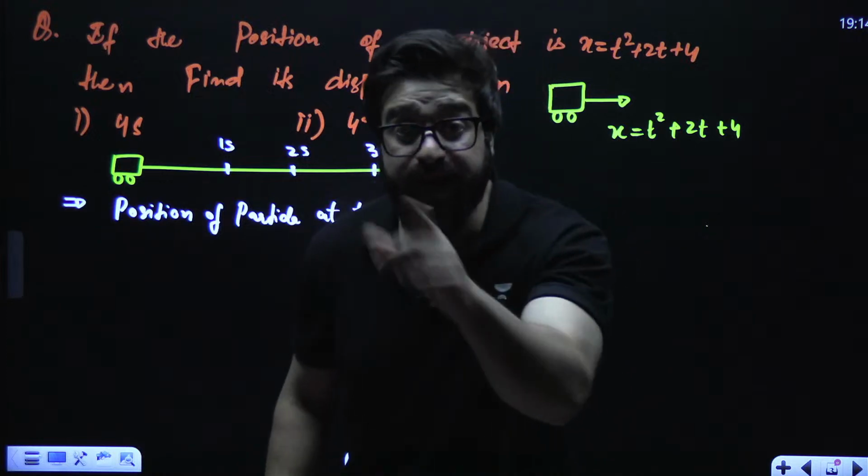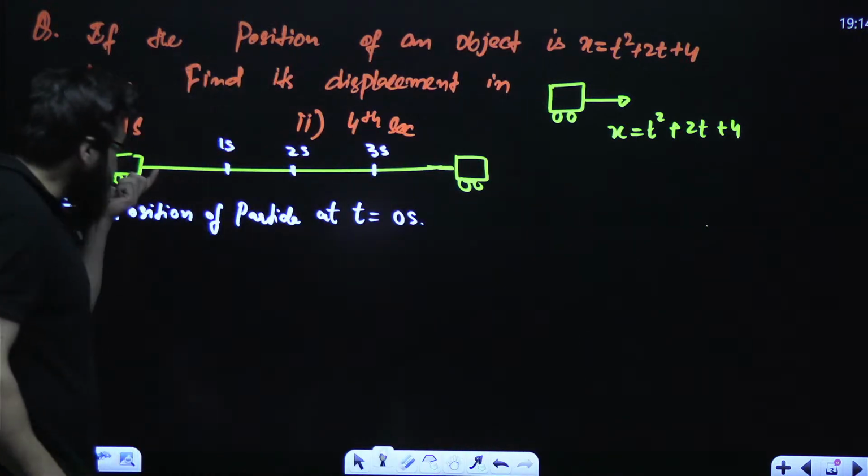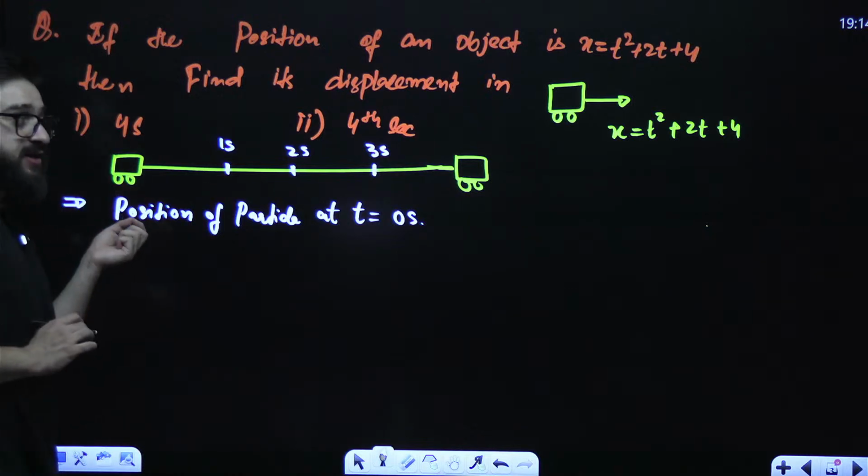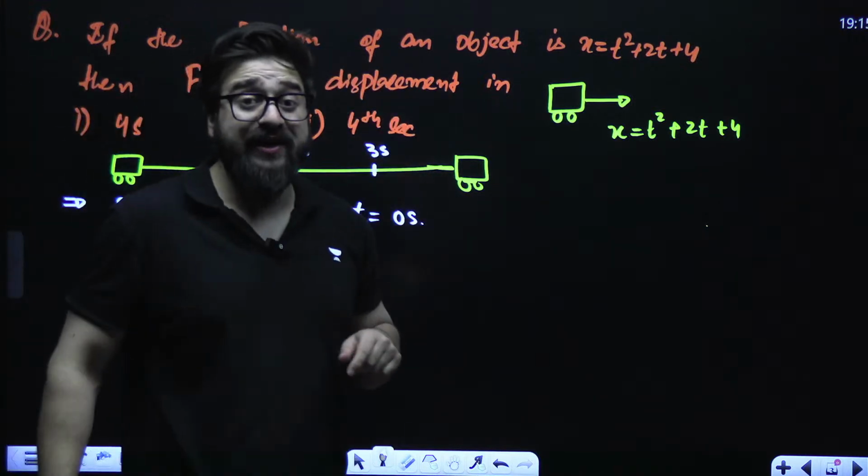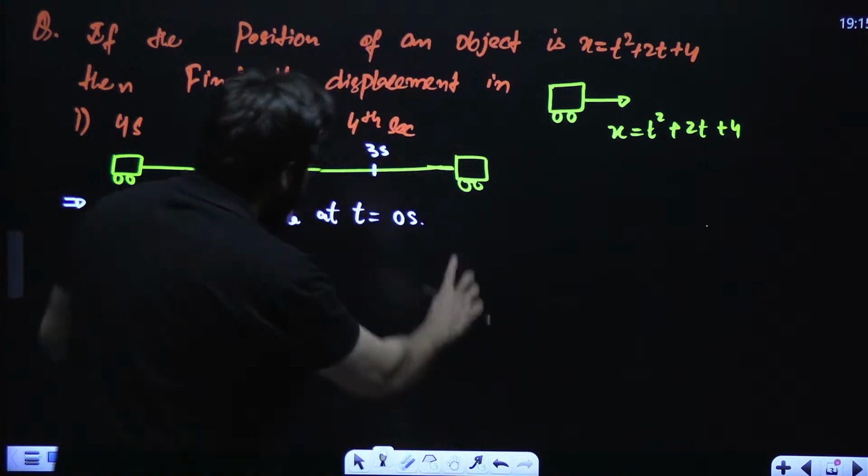That is what we call the initial position. If we get this position at t = 0 seconds, and then get the final position at t = 4 seconds, we can find this displacement.